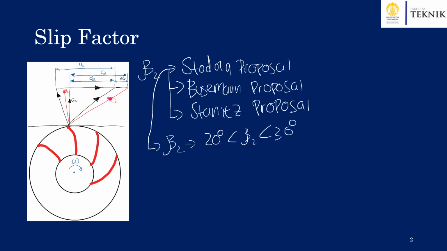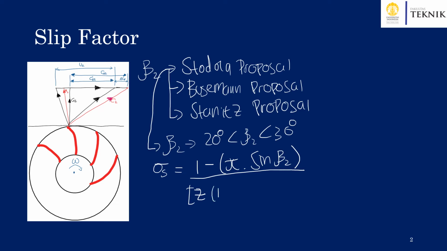The equation is: slip factor equals 1 minus pi multiplied by sine of the blade angle at the outlet, divided by Z, multiplied by 1 minus the radial component of the absolute velocity at the outlet, CR2, divided by U2, multiplied by the cotangent of beta 2.